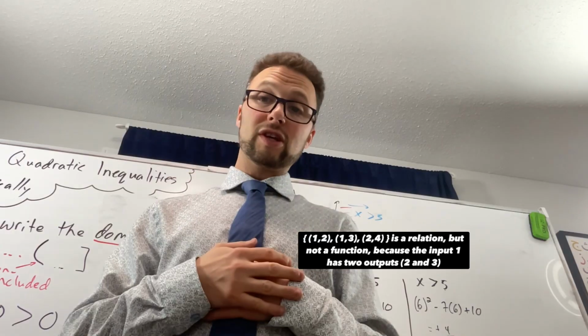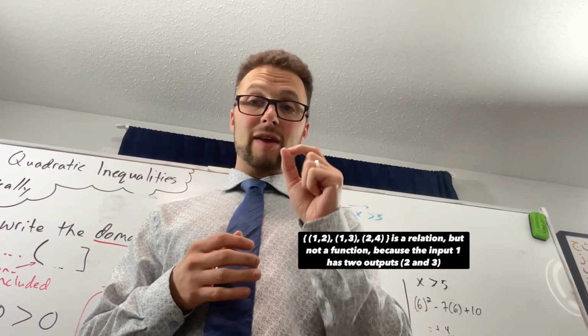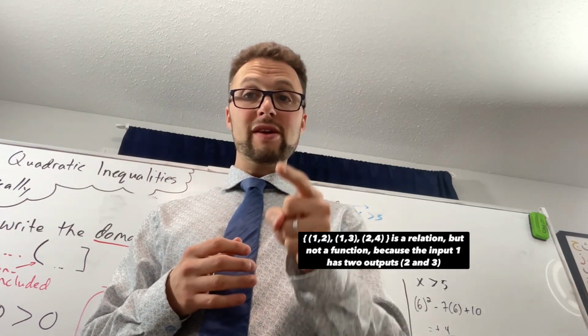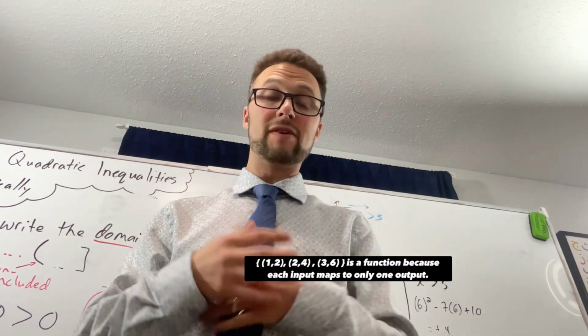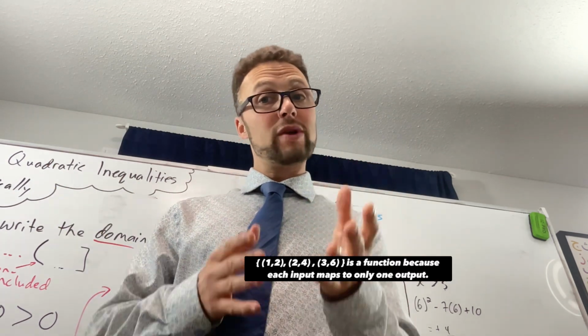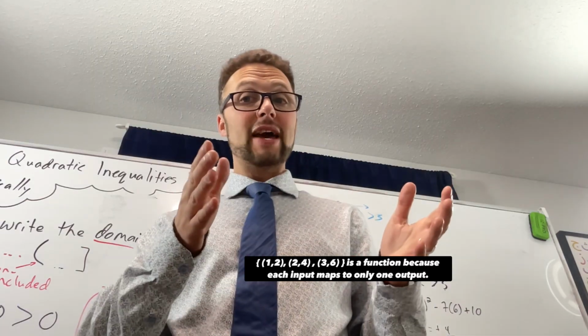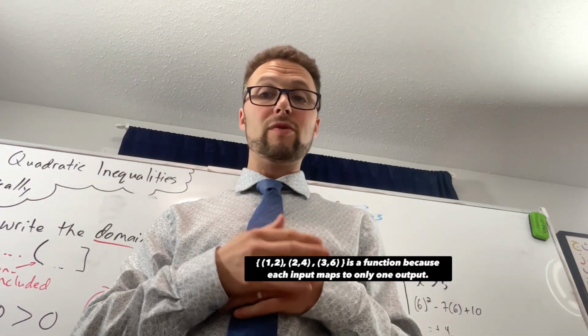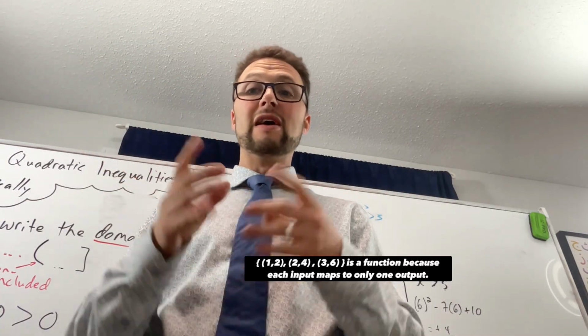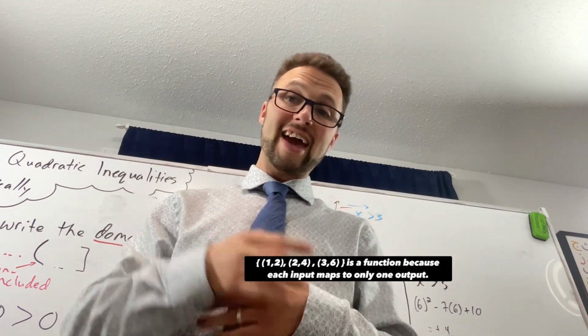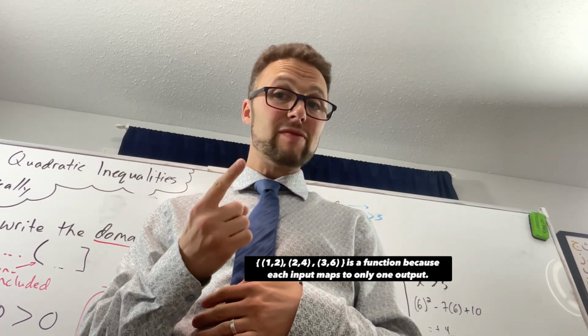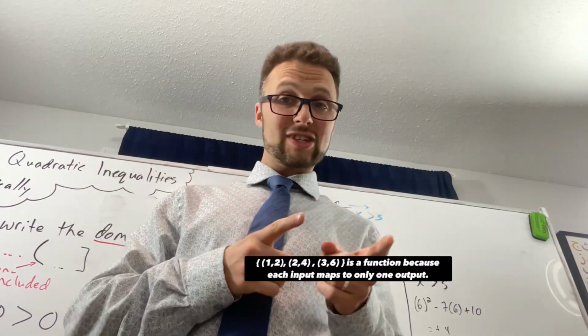Now, if this is a function, x at 1 would have to be either 3, 4, or 5. It can't be all 3. Otherwise, it's not a function. So x at 1 would have to be 3, and then perhaps x at 2 would have to be 4, and x at 3 would have to be 5. But you can't have more than one output for every x input. And that is the difference between a relation and a function.